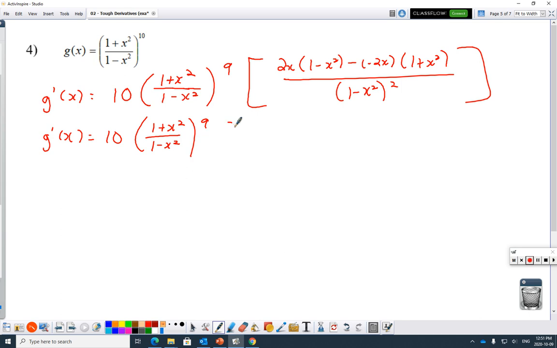Let's see. 2x minus 2x cubed plus 2x plus 2x cubed over (1 minus x squared) squared. And I'm going to do something that looks senseless at first.